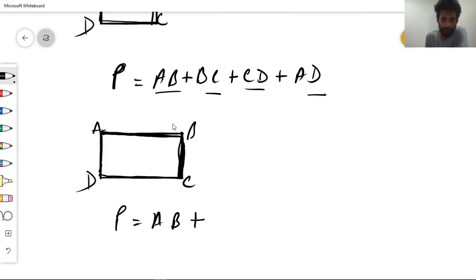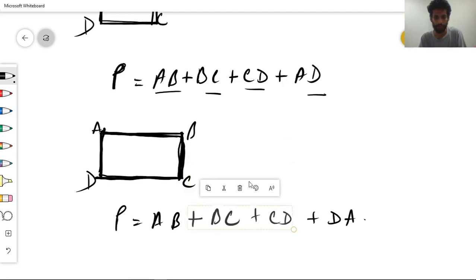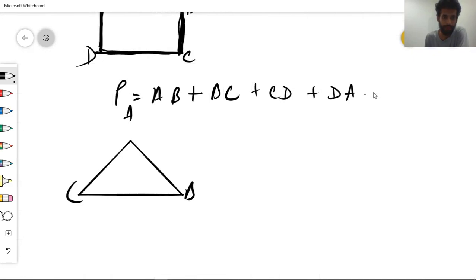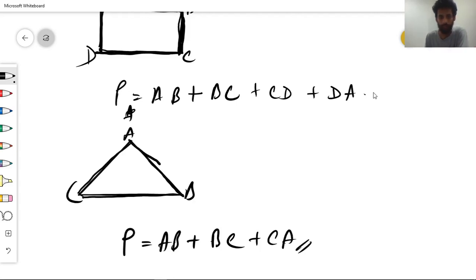Then from B to C, then from C to D, then from D to A. Similarly, if there is a triangle A, B, C, then the perimeter will be, if I start from A, I have to go to B, then from B to C, from C to A. So this is the general way of finding the perimeter.